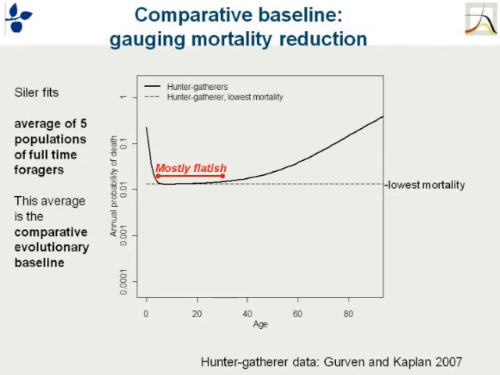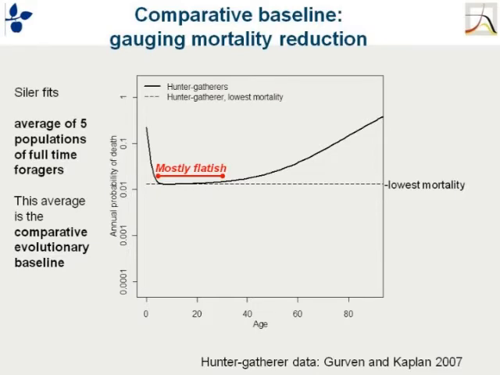And the horizontal line is the line of lowest mortality. What I want to point out here is that this line of lowest mortality is about 1%. So even at age 12, hunter-gatherers had something like a 1% chance of death. The other thing I want to point out is that it's pretty flat.